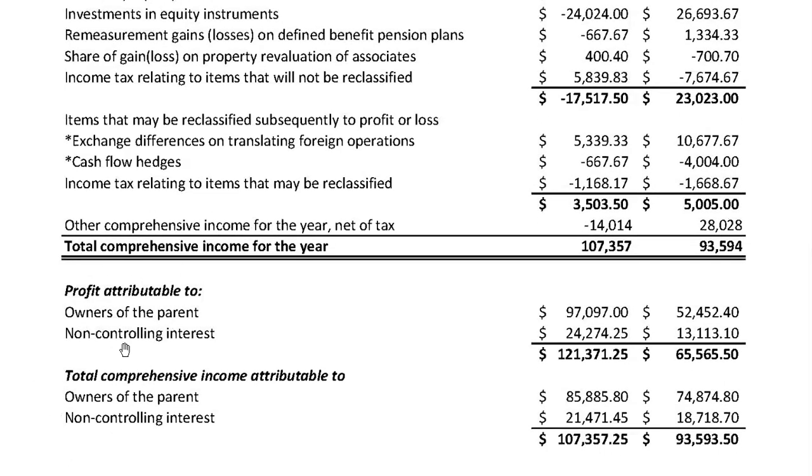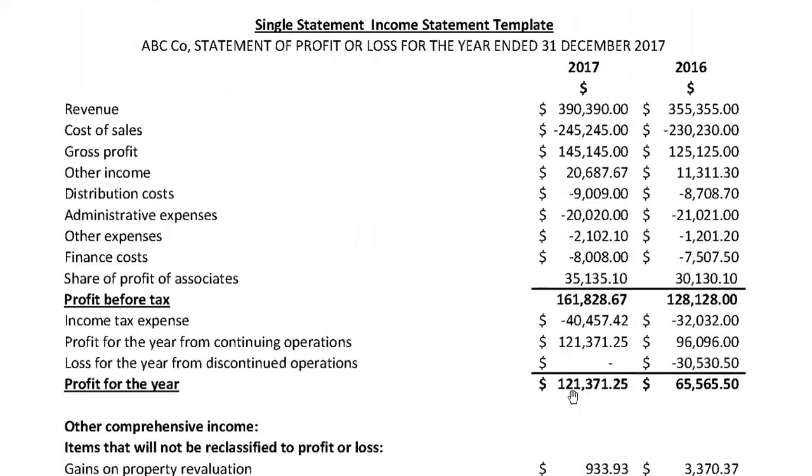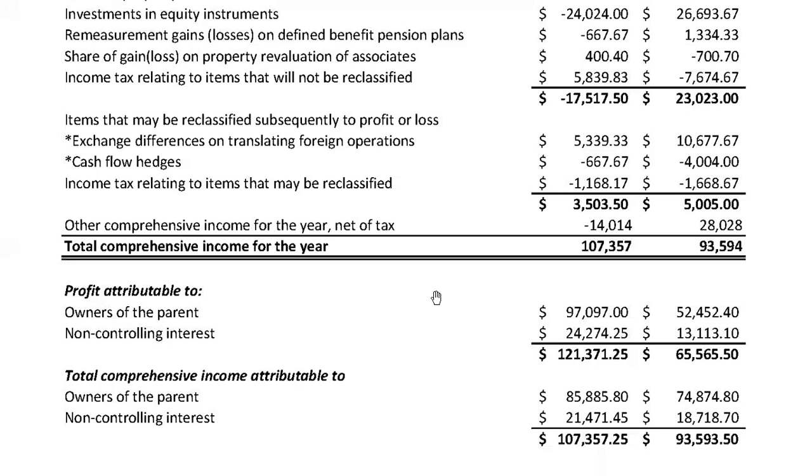Again, it should be very clearly disclosed. So profit attributable to owners of the parent and non-controlling interest, minority interest, and the parent. Here, this 121 comes from here. So this portion should be clearly disclosed. And also this part, put in this one. 107, this part. So separately they have to show profit for the period and total comprehensive income, this part.